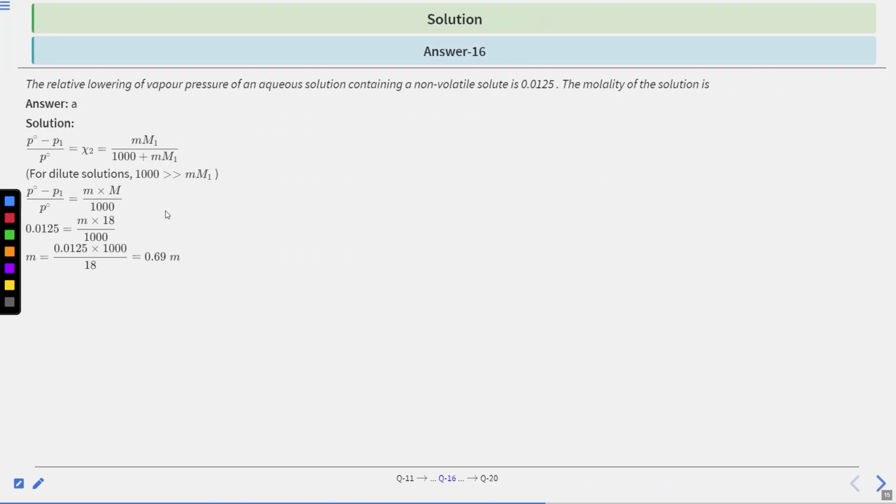Okay, so the correct answer is option A. We know that the relative lowering of vapor pressure is equal to the mole fraction, and we can write it as molality into M1 upon 1000 plus molality into M1.